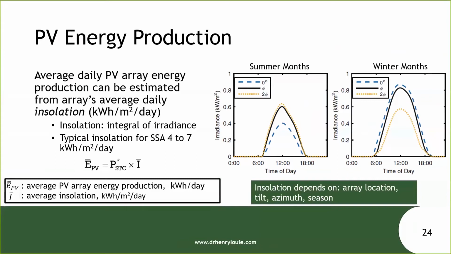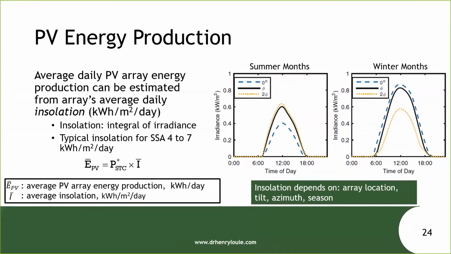You just take that value and multiply it by your PV rating, and that will give you the estimated energy production for that day. So a simple way of doing this is to take the rated power of the PV array or module and multiply it by the number of sun hours, usually between 4 and 7, and that will give you a very dirty estimate of the energy produced.